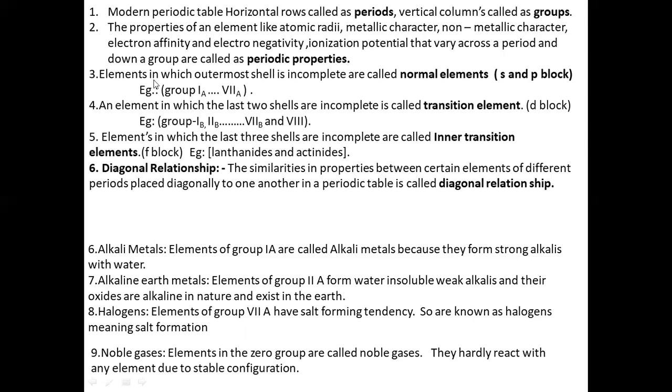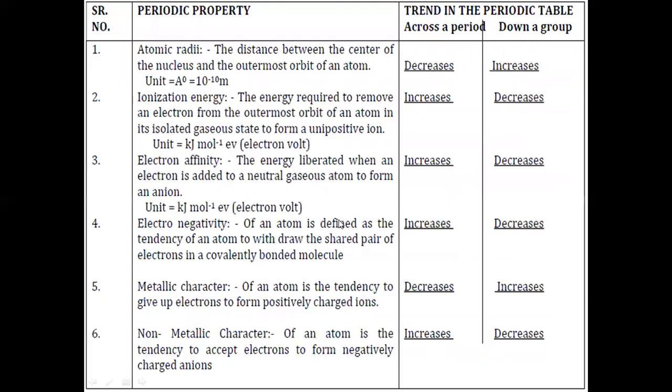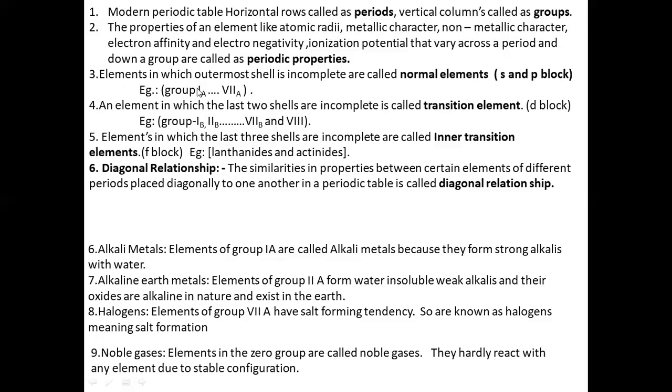Then elements in which the outermost shell is incomplete are called normal elements, except the last group, that is the 18th group. Groups 1A to 7A are called normal elements because they have only one incomplete shell.